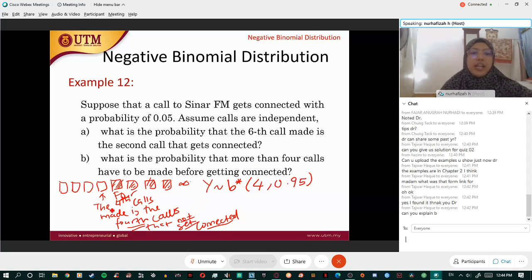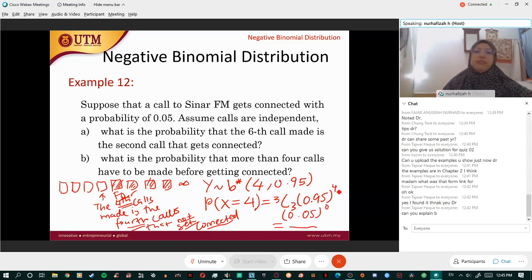And x is equal to 4 calls, so P(X = 4) is 3C3 times 0.95 to the power of 4 times 0.05 to the power of 0, and you will get the answer. Okay, Tajwar?